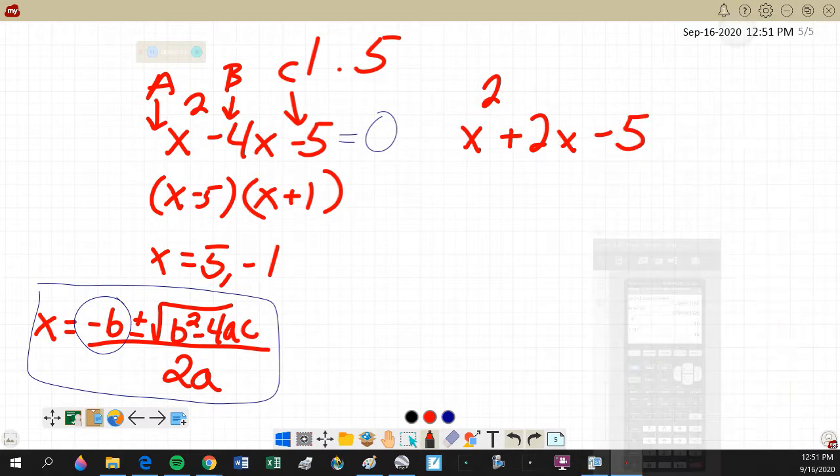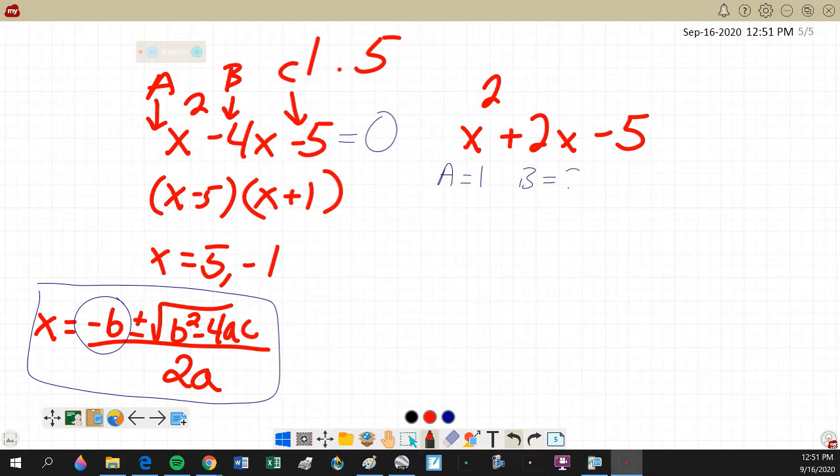Okay. So let's do the same thing with this other equation. In this equation, a equals 1, b equals 2, and c equals negative 5. What is the opposite of b? Negative 2.